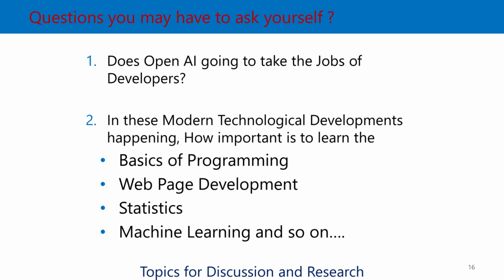However, this raises an important question. Does OpenAI threaten the job security of developers? In the modern technological advancement, how critical is to learn the basics of programming, web development, statistics, machine learning, and related fields? These are the questions one should ask themselves.